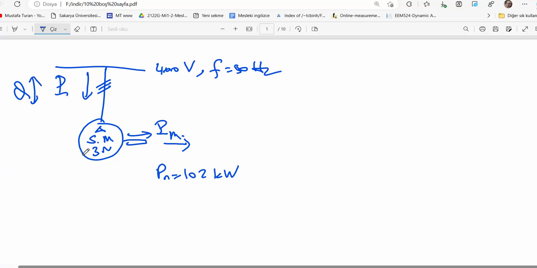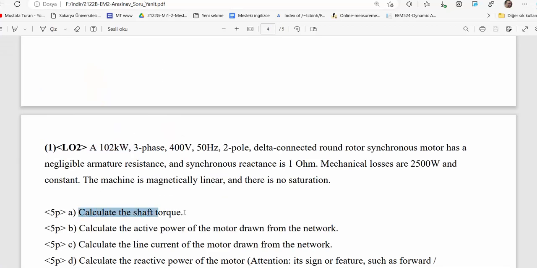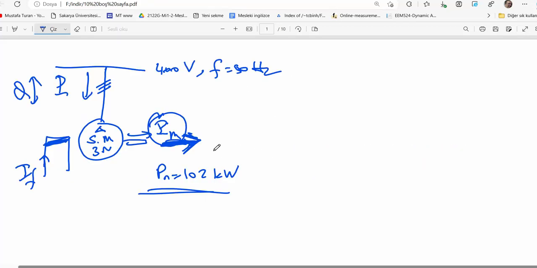We don't know yet. There must be an excitation winding, applied some DC to convert energy. It is converting energy. It is producing mechanical output. So, what is the point? Calculate the shaft torque. Torque is a parameter of the shaft. And here's angular speed, which is synchronous speed.